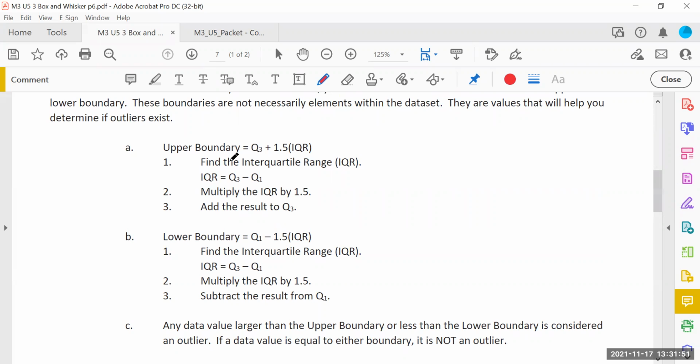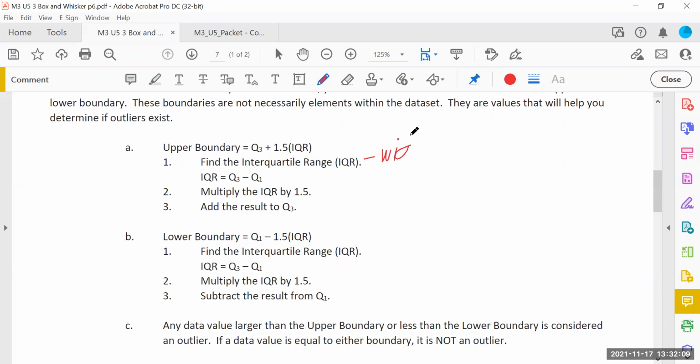So for the upper boundary and lower boundary, the pattern's kind of the same. To find the upper and lower boundary, you have to find what's called the interquartile range. The interquartile range is literally the width of the box. How wide is the box of your box and whisker?